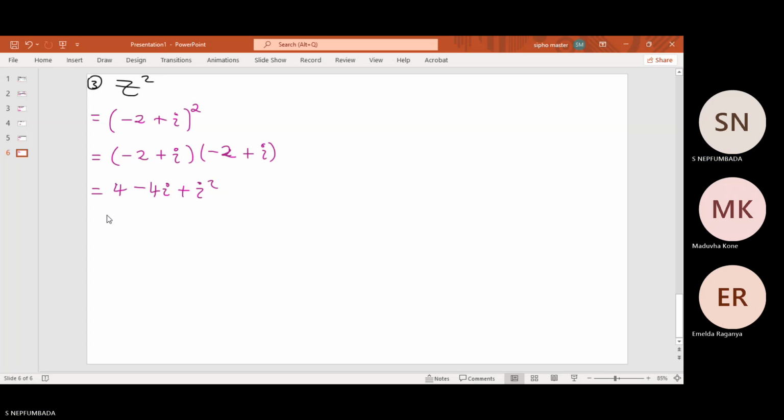Yes, that's correct. But we know ourselves that indeed this i squared is nothing but equals to what? Minus 1. Then that's where we are going to have 3 minus 4i.